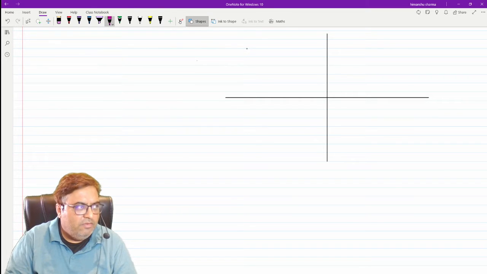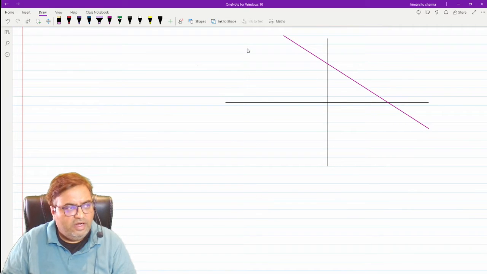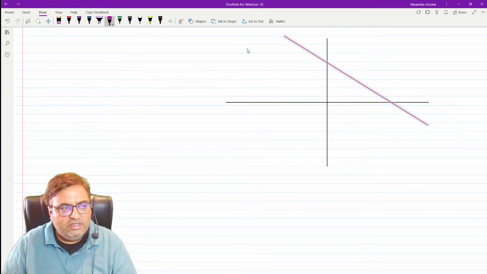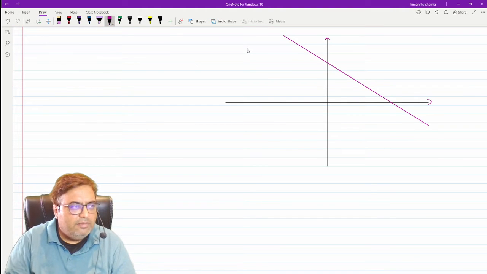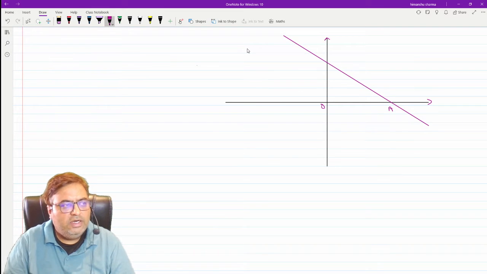There may be lines which are parallel to the x-axis and y-axis that we can work out later. But in general, any line will intersect the coordinate axes at some points. So let's say this point is A, this point is O, and this point is B.